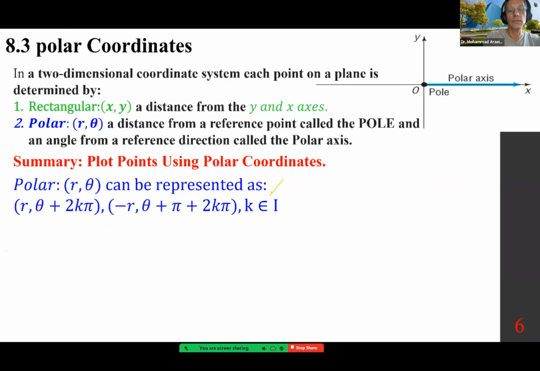So this is an element of, and I is the set of the following numbers.